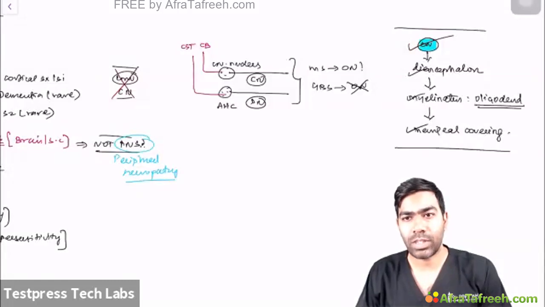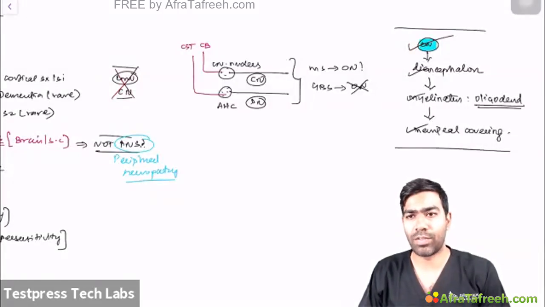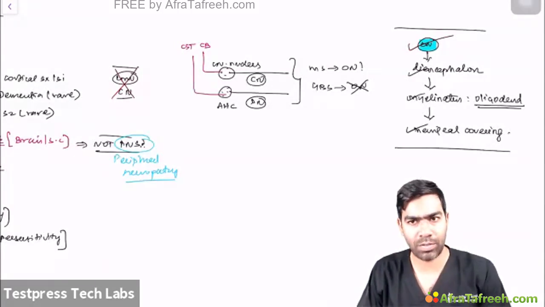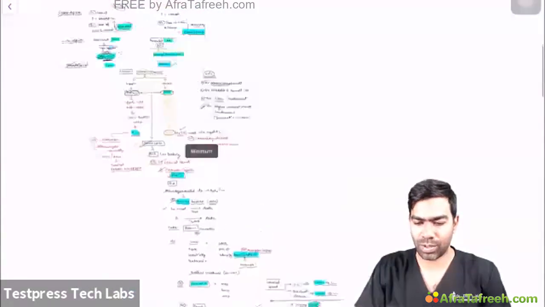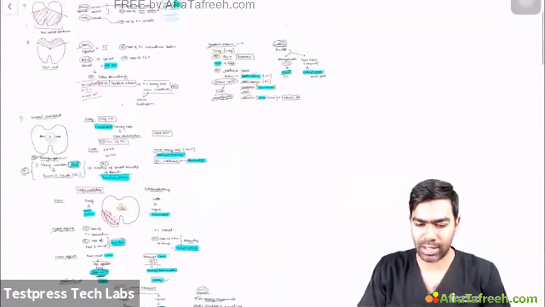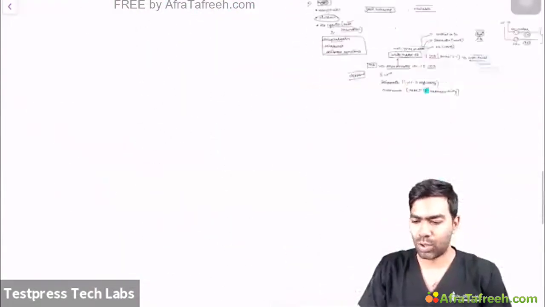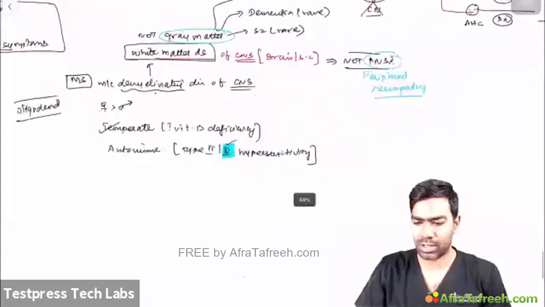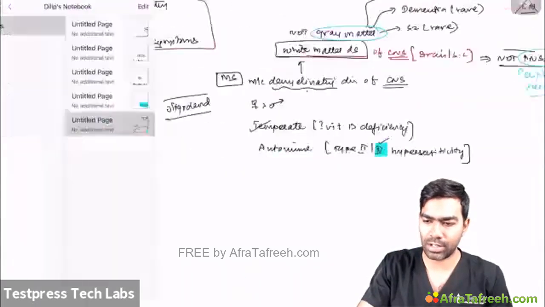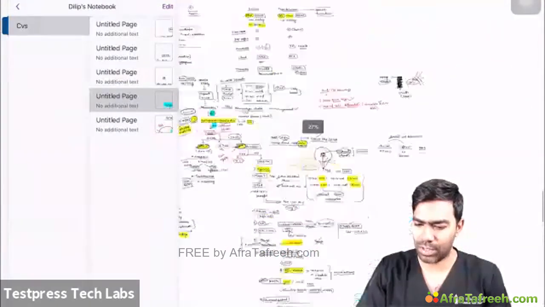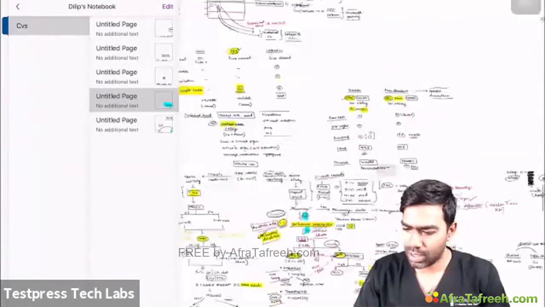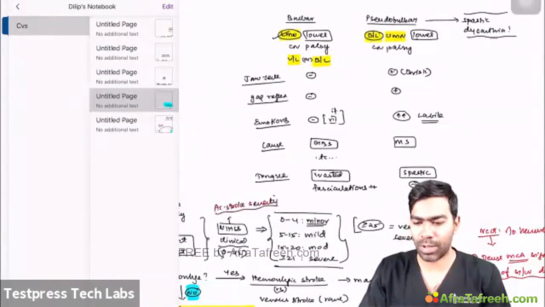So Vikram is asking, can the UMN type of involvement of the 7th nerve occur? Yes, of course, it can be involved in MS, UMN type of 7th nerve palsy. I told you already. In the previous discussion, I discussed bulbar versus pseudobulbar palsy.